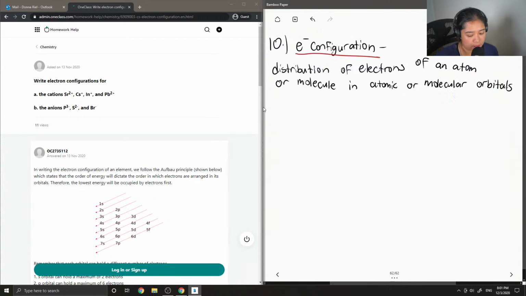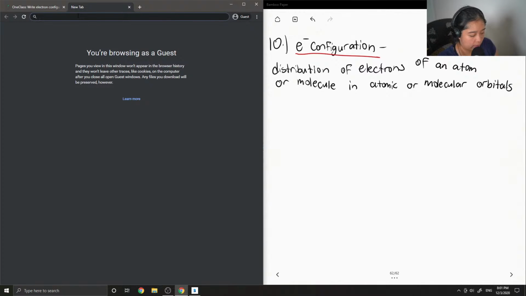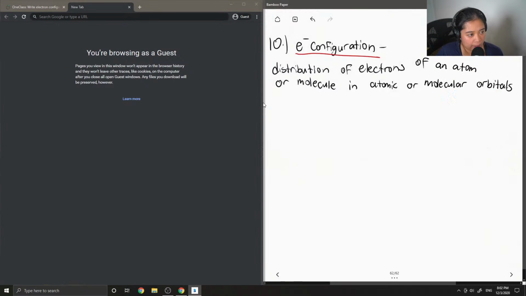Okay, so this is a multi-step kind of question. So I'm also going to write out all the different steps on how we would calculate electron configuration.